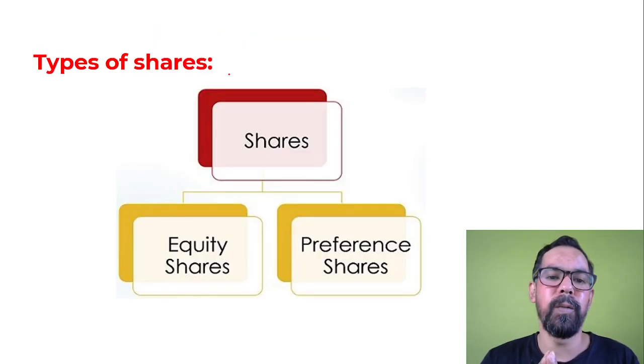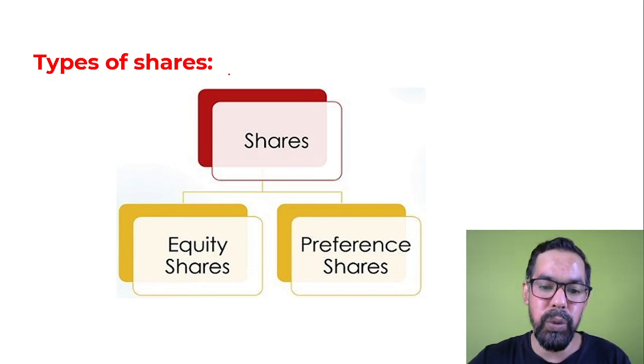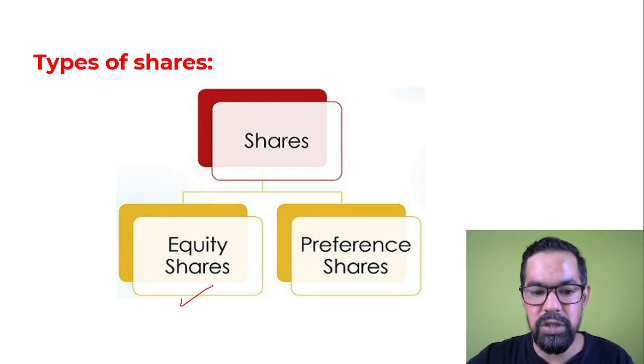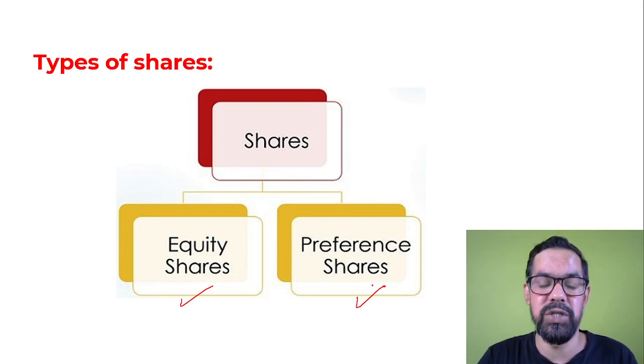Whenever we talk about types of shares, we have two types: one is equity, another is preference shares. Equity shares are generally known as ordinary shares.